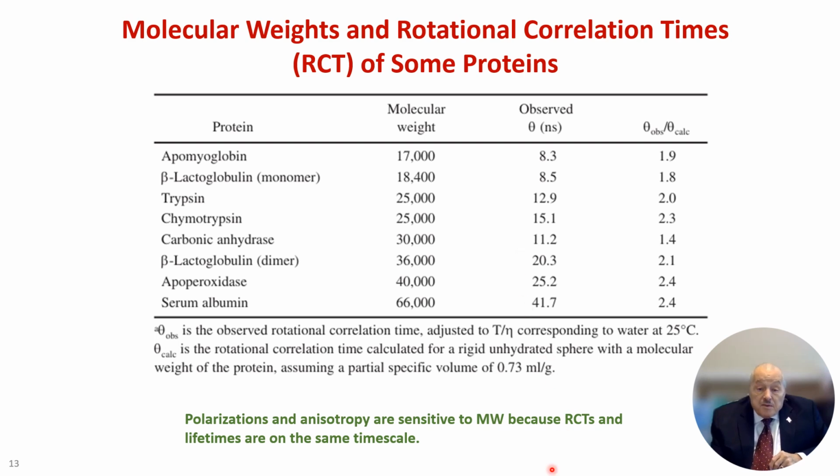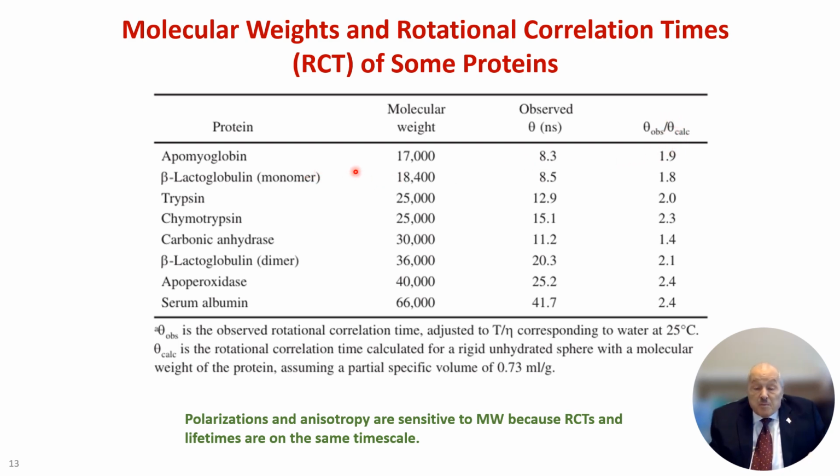Excuse me. These are just some typical rotational correlation times and protein sizes. I just wanted to give you a feel of this. First of all, you'll notice that the observed times are almost always larger than the calculated time, and by observed, that means a protein in water, so it's hydrated.